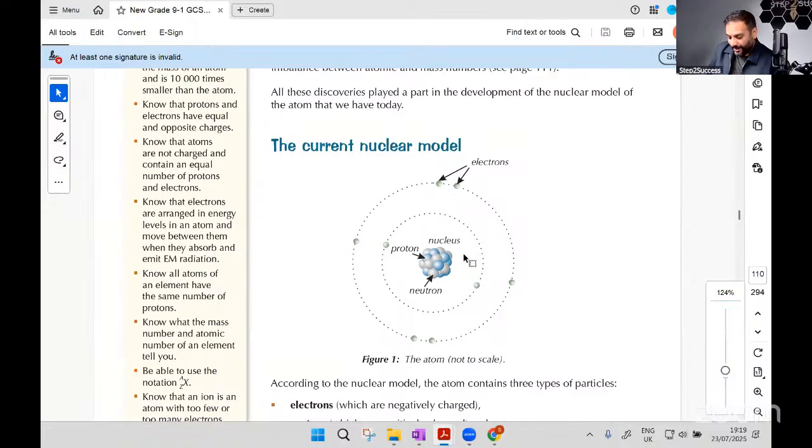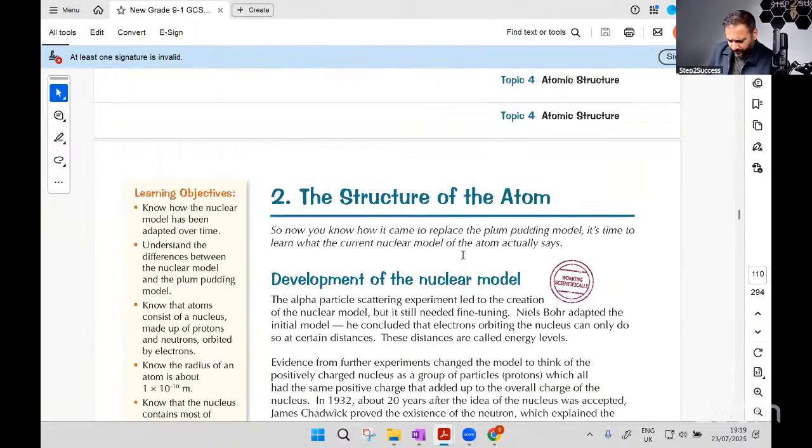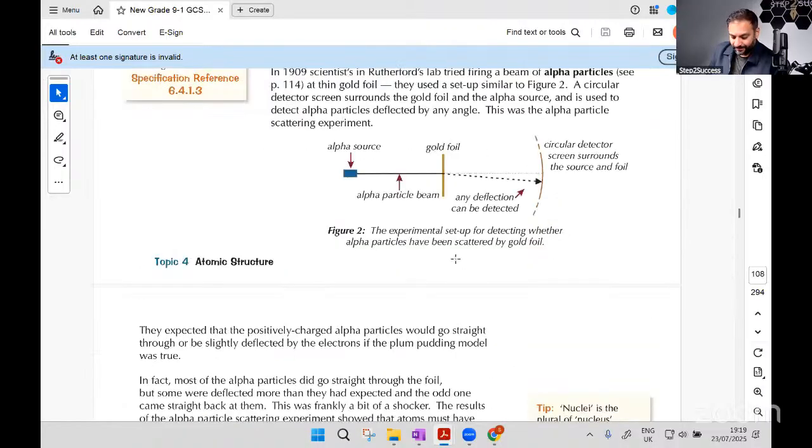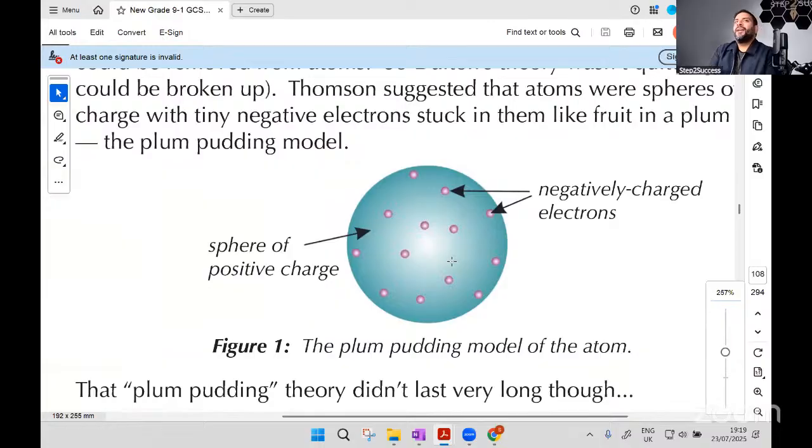Now, about 100, 200 years ago, we thought that the atom actually looked a bit like this, which is called the plum pudding model. And there was one particular experiment that you are supposed to know about that somebody did, which led to us believing that this must be wrong, and therefore there must be something else.